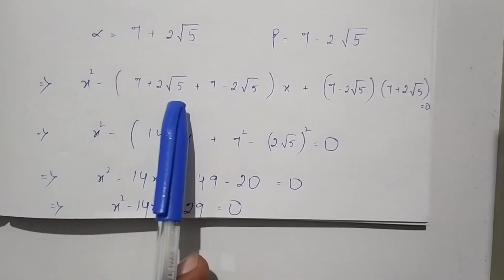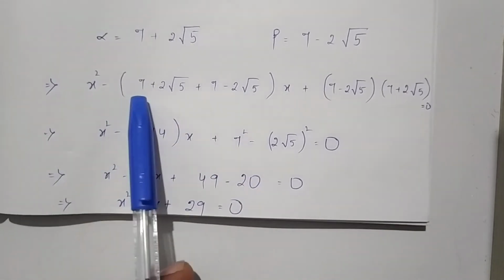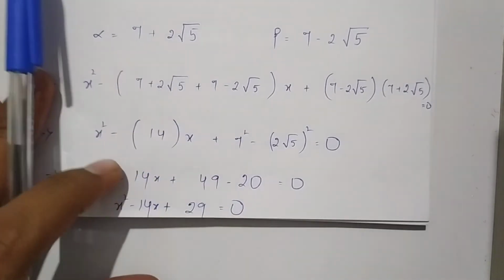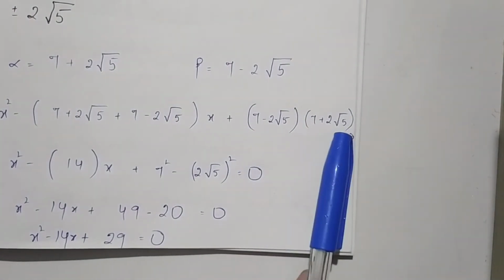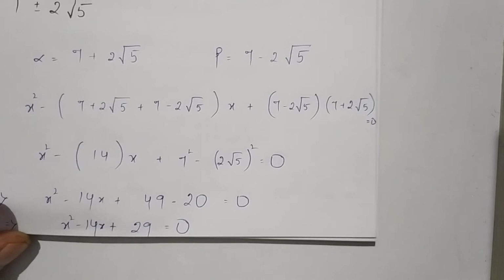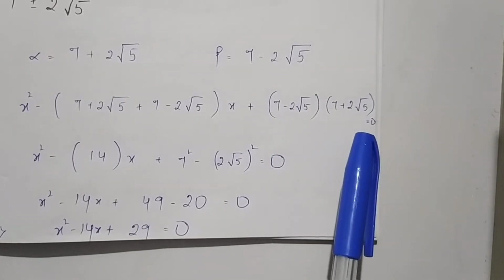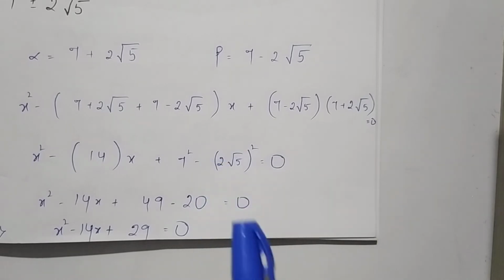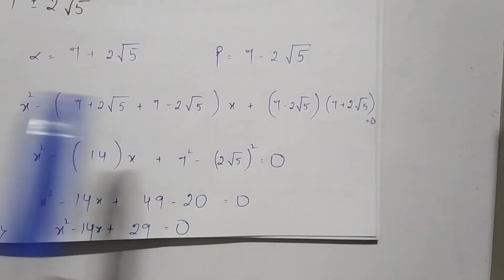So plus 2 root 5 and minus 2 root 5 will cancel to 0, and 7 plus 7 will be 14. The last term is in the form of (a minus b) into (a plus b), which is a square minus b square. Here a is 7, b is 2 root 5.